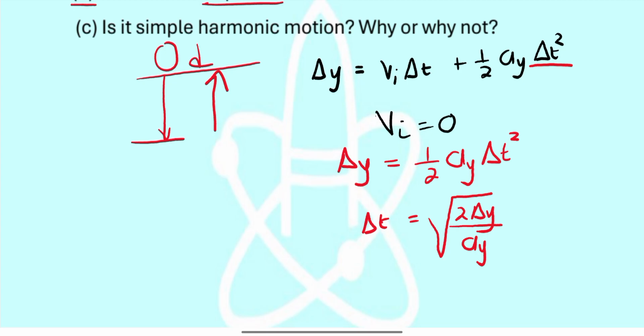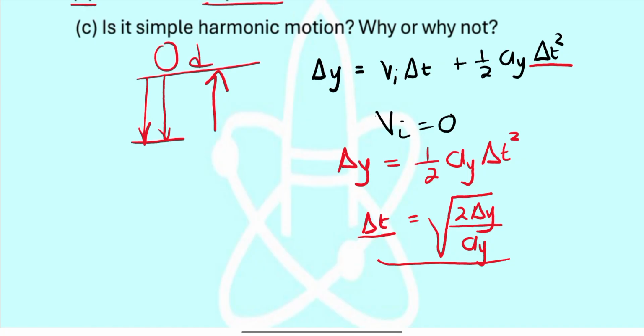Okay, but what we know about this time is that it's the time for one motion. This expression here will give us the time taken by the ball to only go down.